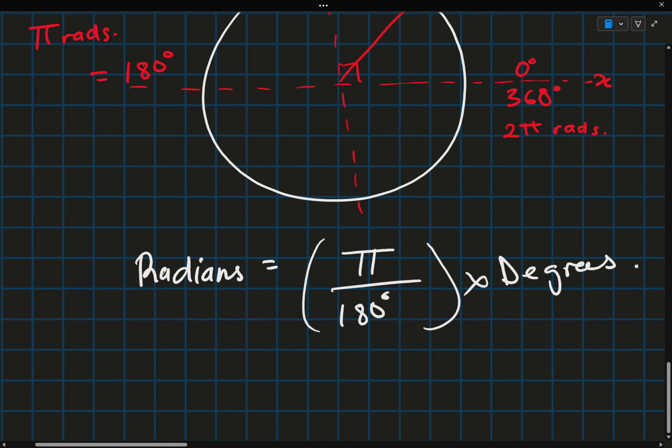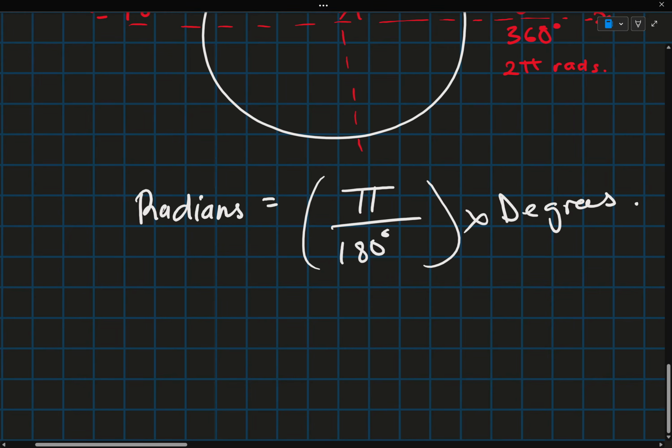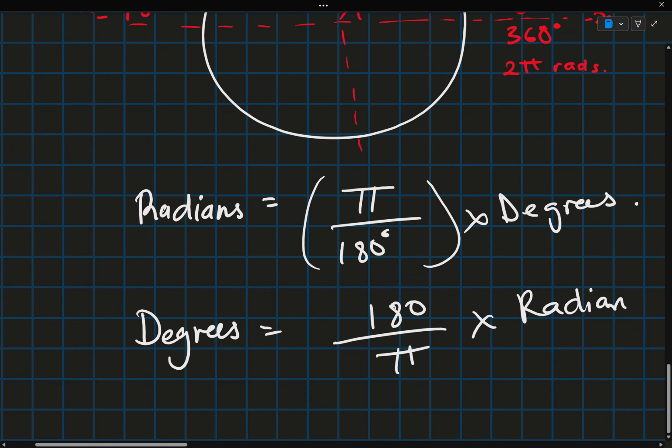And in order to get degrees, we have 180 divided by pi times radians. So we just invert to get those. Alrighty, is that fine?